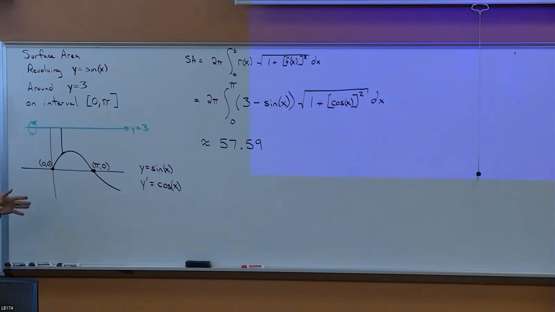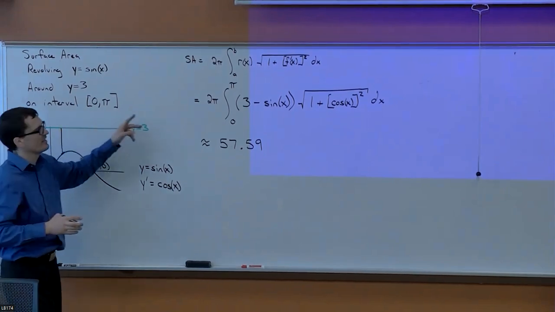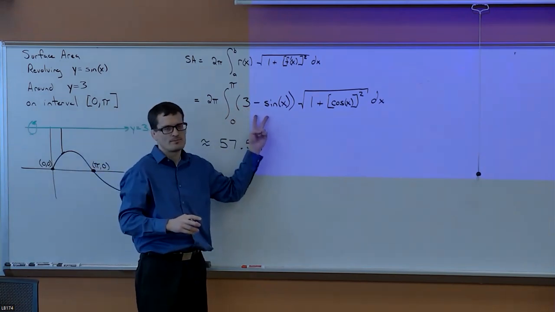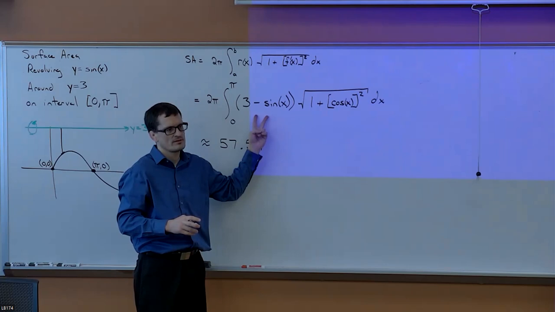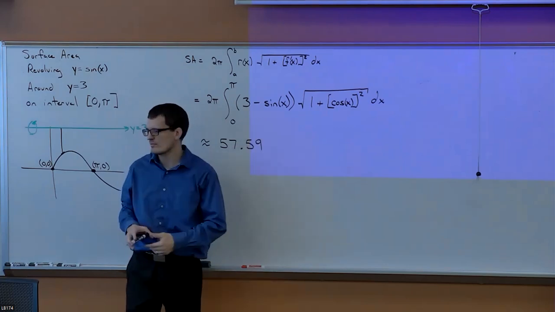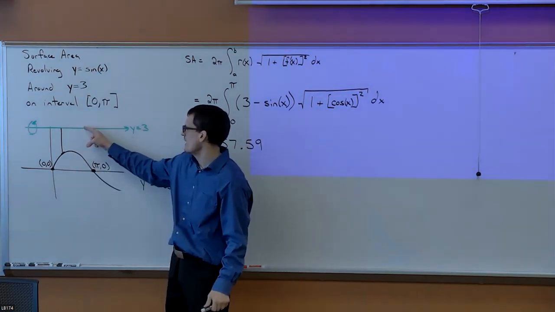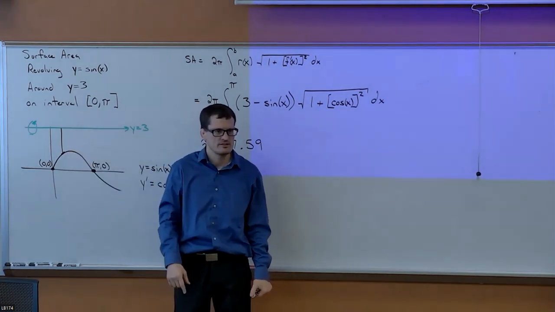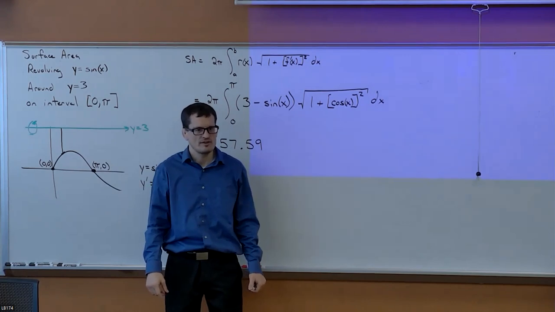Is that all right? So this one, since we were revolving around a horizontal line, we used the radius that was like the disk method radius, from the line y equals 3 down to the curve that I'm rotating, y equals sine of x.